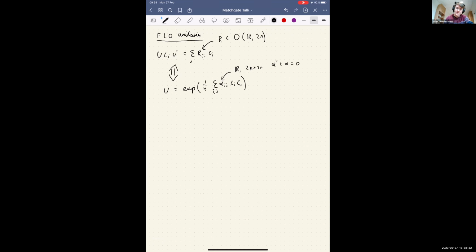The fact that these two characterizations are equivalent is due to Barbara Terhal and David DiVincenzo in a paper from about 2004. I can give the exact reference if you like, but yeah, it's Terhal and DiVincenzo, essentially.